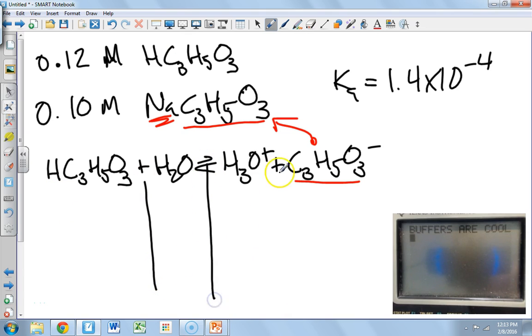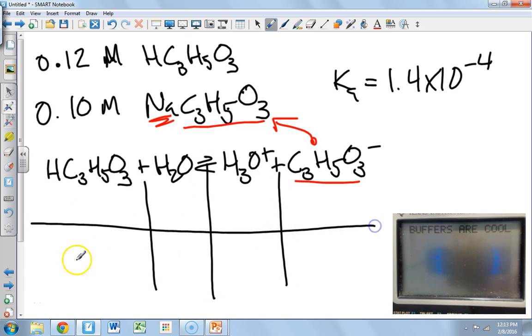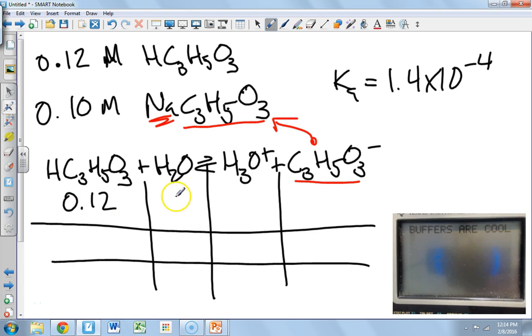Make our ICE columns. What's the initial concentration here? 0.12 for the acid. Water doesn't matter because it's a liquid. H3O plus is 0, and the lactate is 0.10, because the lactate ion comes from the sodium lactate, which is completely ionized.